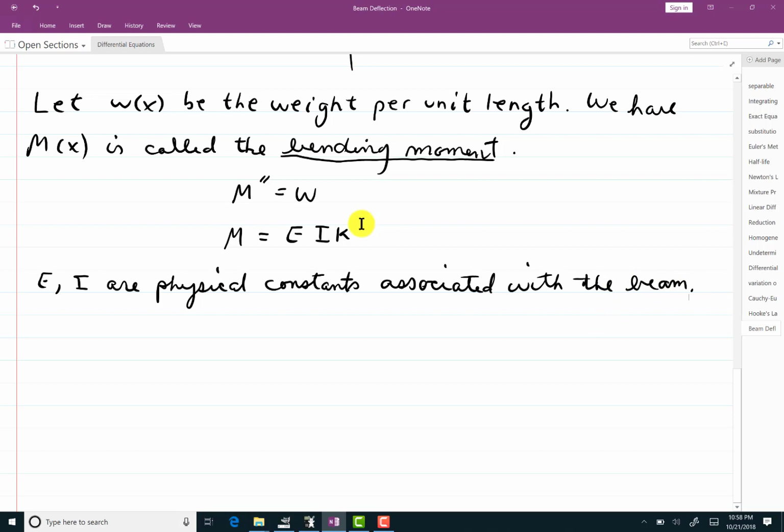By that I mean E is a measure of the elasticity of the beam, known as Young's modulus. I stands for moment of inertia. Together, EI is a measure of the structural rigidity. K, as I mentioned, is curvature.